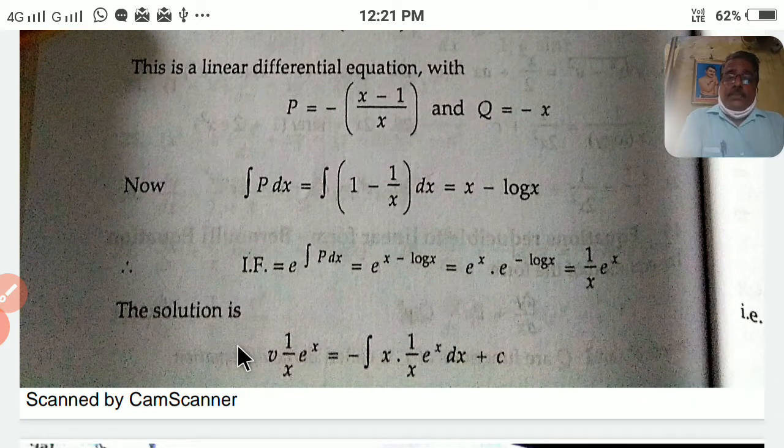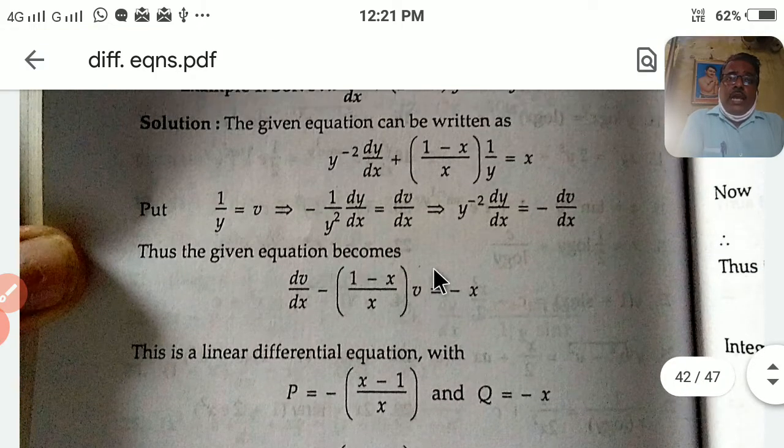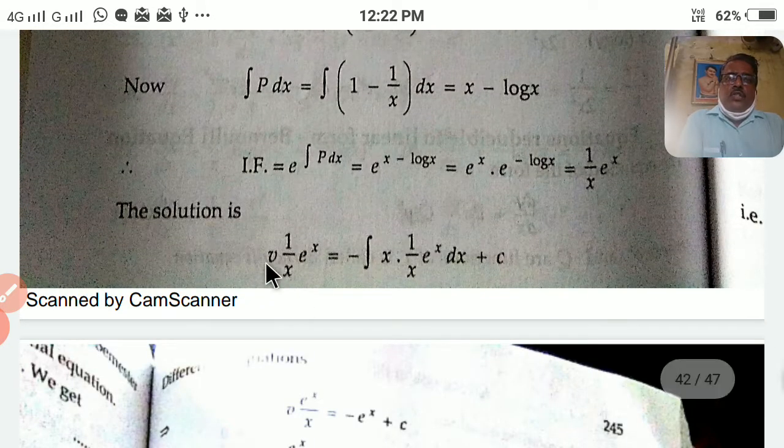Now the solution is, see here, in this equation we have converted all y in terms of v. Now this is our linear equation, right? In place of y we have v here. So therefore in the solution also, v into integrating factor.